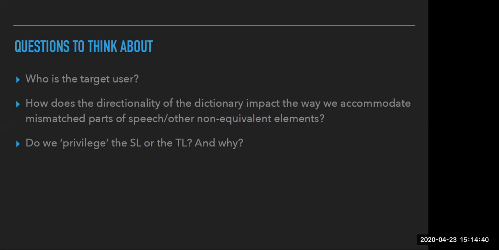But there's also the question of, do we privilege the source language or the target language, and why? By privilege, I mean, in a bilingual dictionary, do you try to accommodate? I have been assuming that you will only try to accommodate the source language's eccentricities.